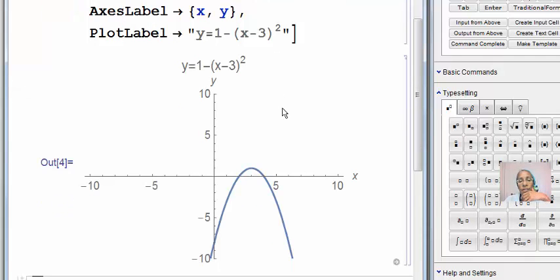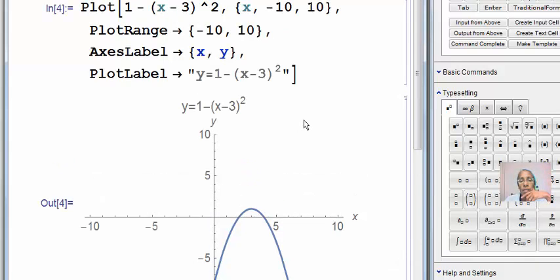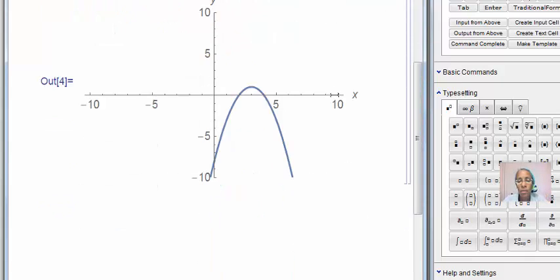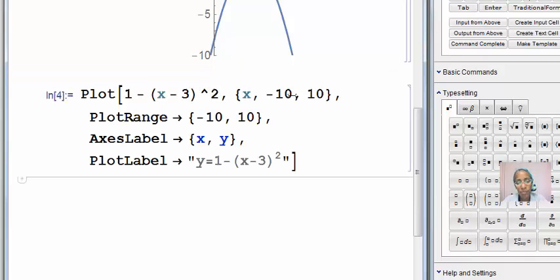Okay, so there's our graph, and there are a variety of other things that you can do with it. I do want to mention that you don't have to put all these options in. The bare minimum for graphing this, and because it is a program, things have to be very specific.